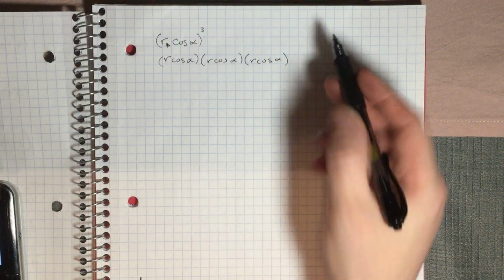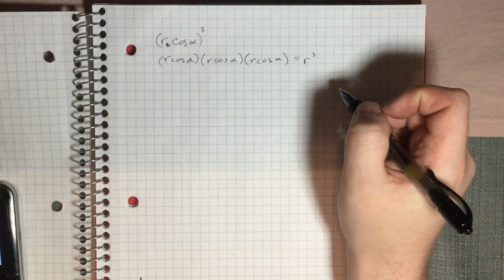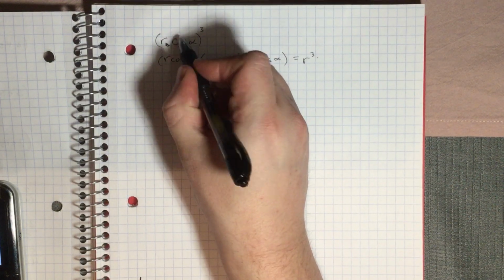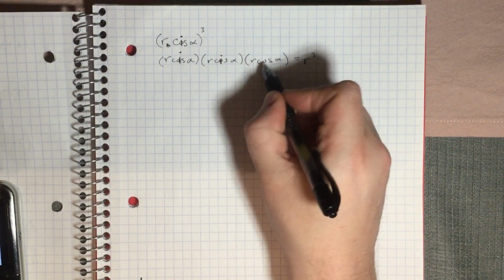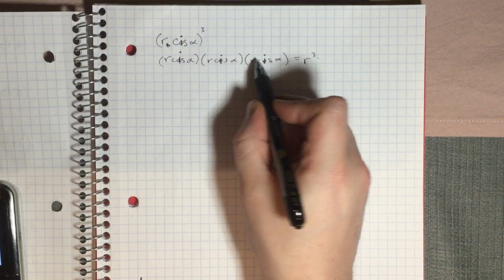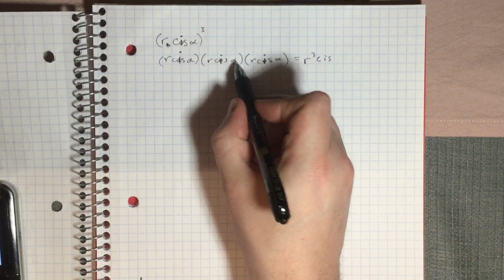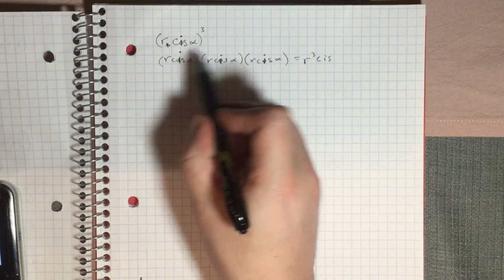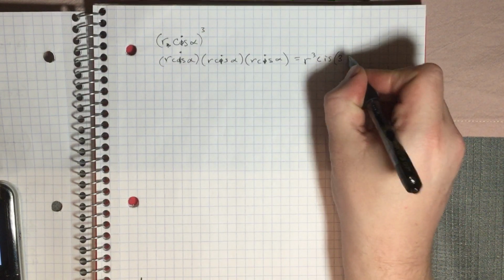R times r times r gives me r cubed. It just occurred to me that I put cosine on all these, and they're supposed to be cis. My bad. Those are all cis's. Then we add those angles together. Alpha plus alpha plus alpha is 3 alpha.